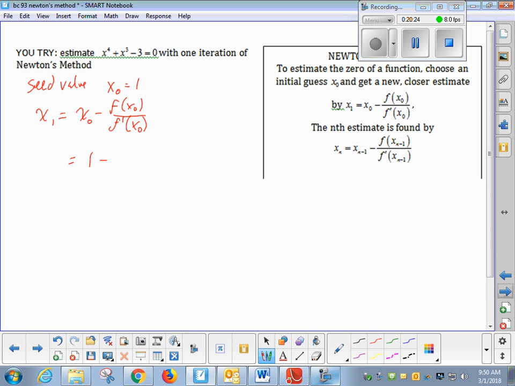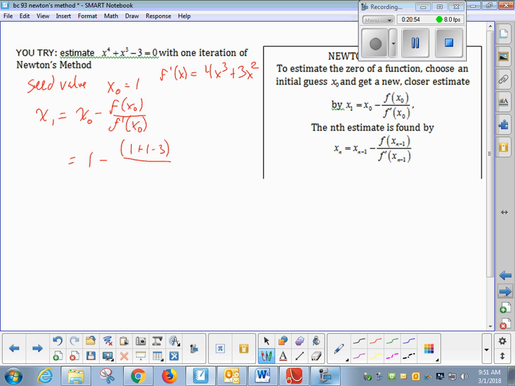f at x initial is 1 plus 1 minus 3, or negative 1. For f prime at x initial, in terms of good work, you should identify your derivative. As trivial as you might think it, you need to show your derivative in your work somewhere, off to the side. In case there's an error, that's one place I'd look.